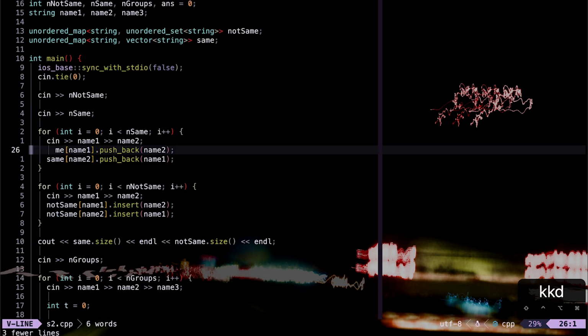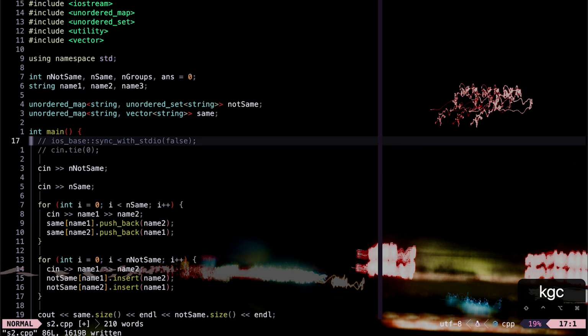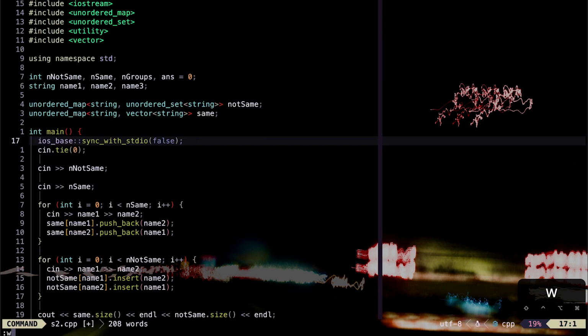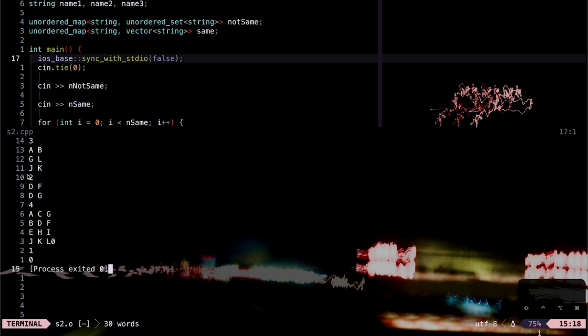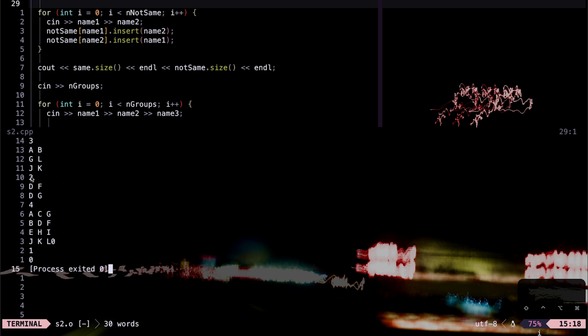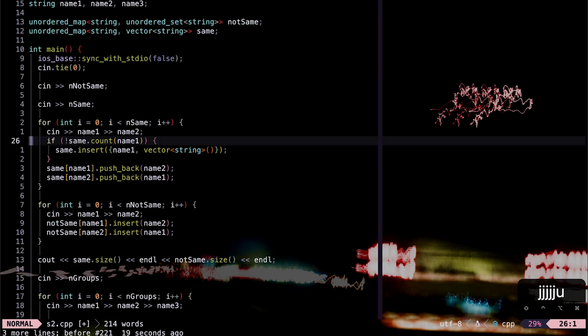Oh wait, it does work. Hold on. It's because this makes our output a bit non-trolling. Okay, so the size is 0, 1, and so it doesn't work.